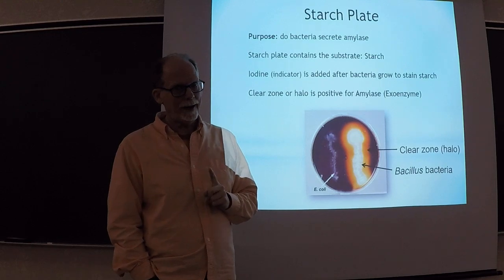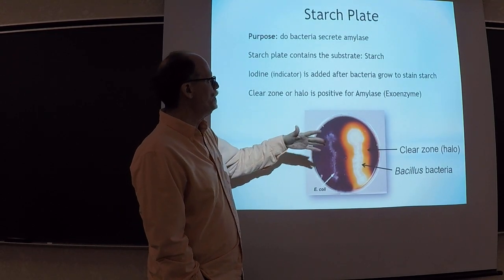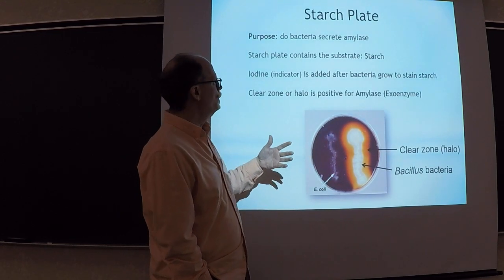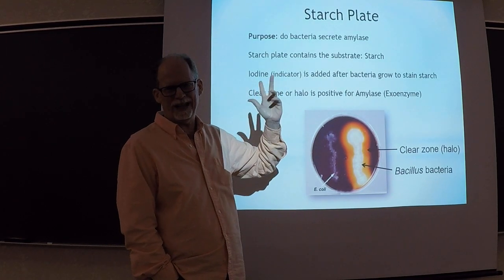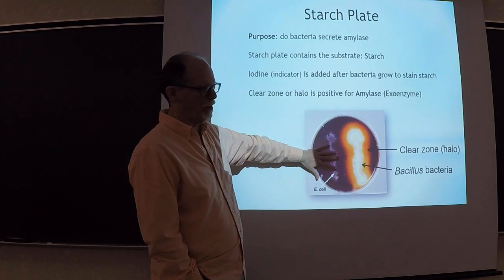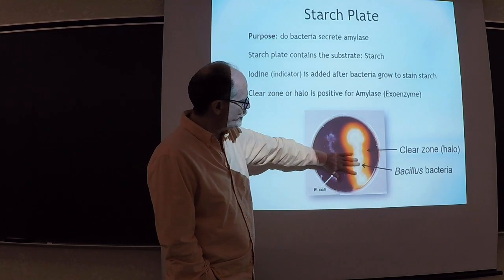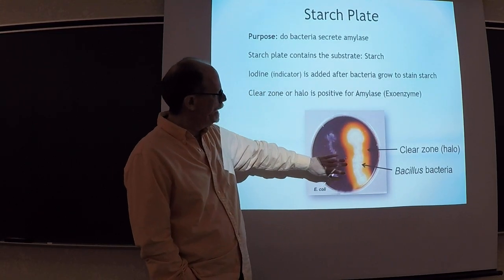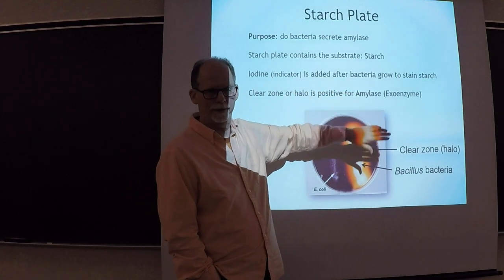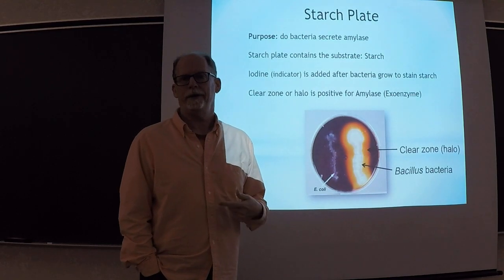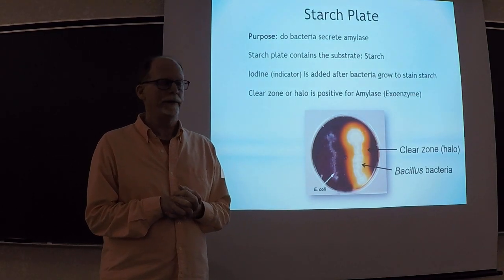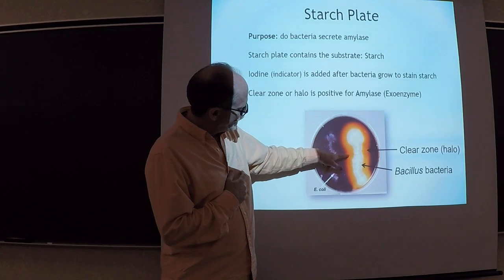You should mention that. Then after the bacteria grow, you add an indicator, or you could call it a reagent. Most indicators are already in the medium, but this one gets added to the surface. It gets absorbed and stains the starch, right? So the clear zone means there's no starch in that area, and that means that they secreted amylase.